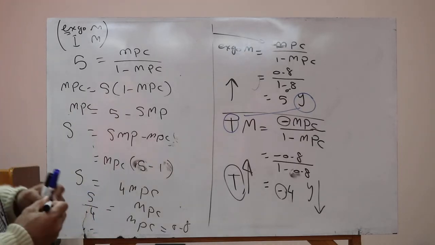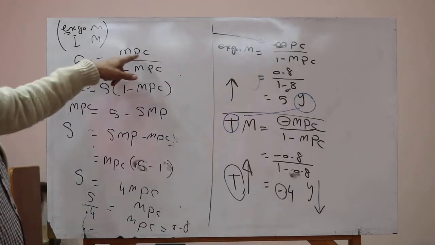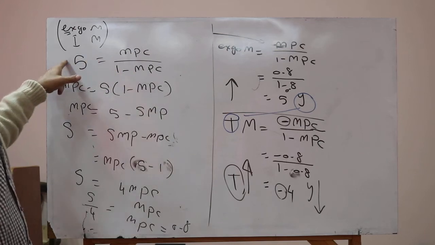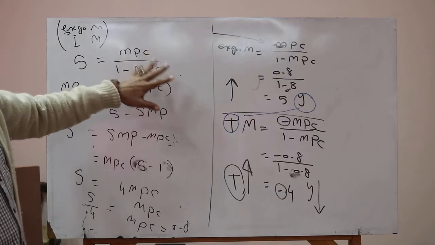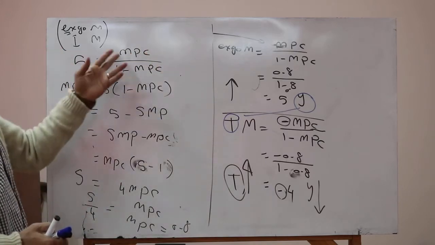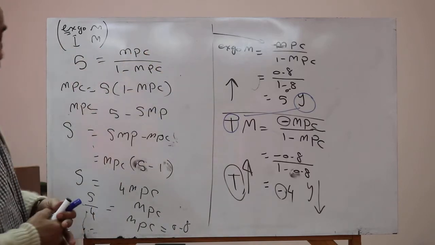When we know the MPC, we can find the expenditure multiplier; when we want to find the MPC, we must know the expenditure multiplier.